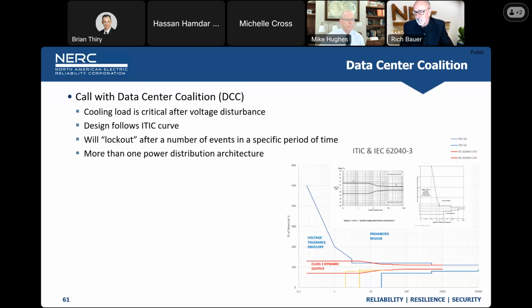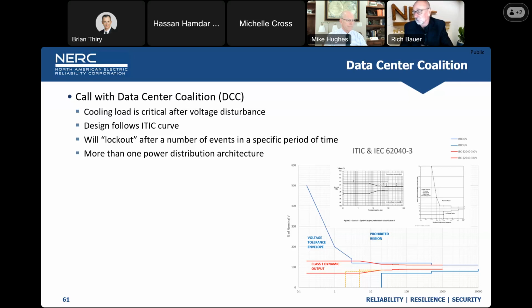In order to figure that out, we really need to talk to the data center load owner operators. We were very fortunate to get in contact with a group called the Data Center Coalition. It's a membership group of data center owners.